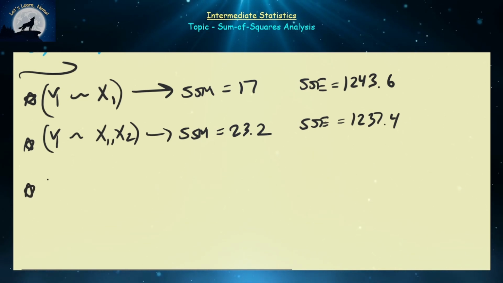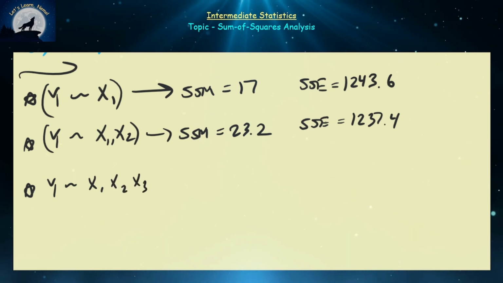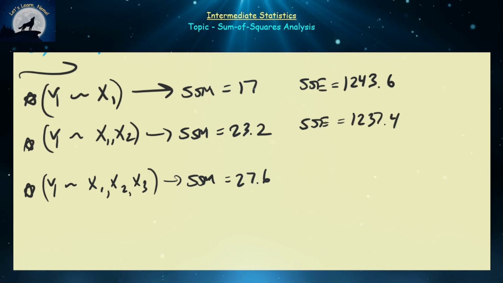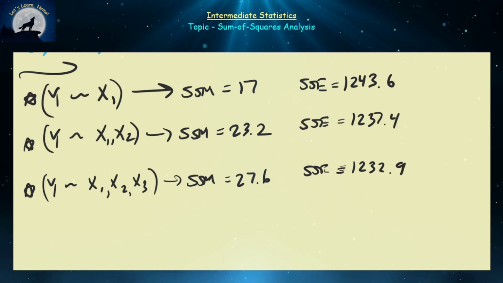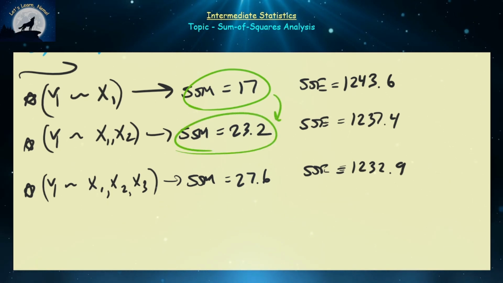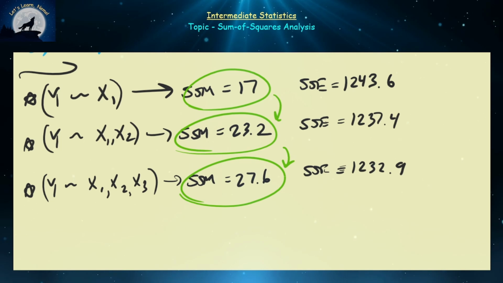And lastly, let's assume we regress y against all three variables, x1, x2, and x3. SSM is going to be equal to 27.6, and our SSE for that full model was 1232.9. Right? So as we clearly see, 17 increases to 23.2, and 23.2 increases to 27.6.